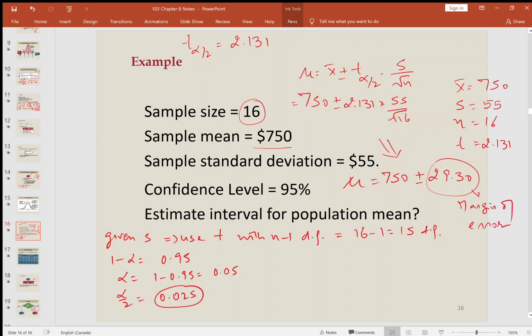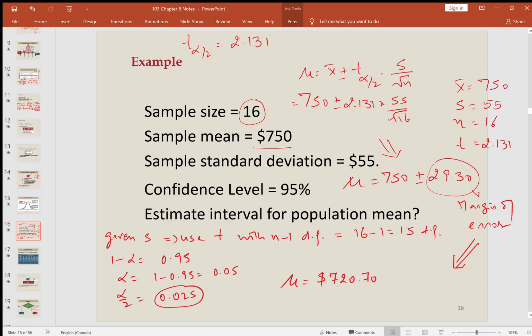Okay, and so we could say that the average rent in the downtown core, mu, is equal to, if I subtract 29.30 from 750, that will come to $720.70.